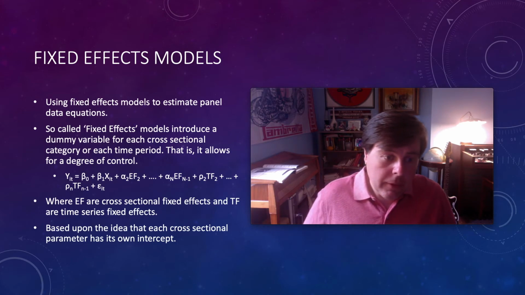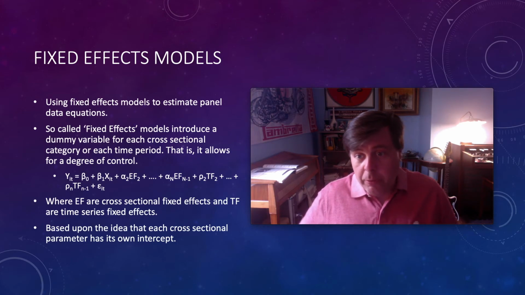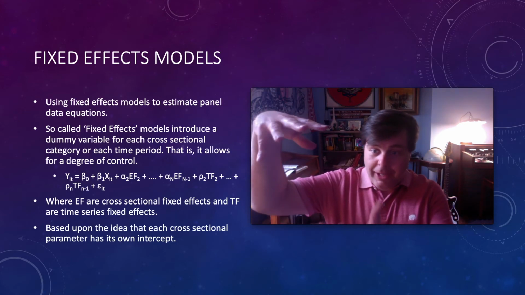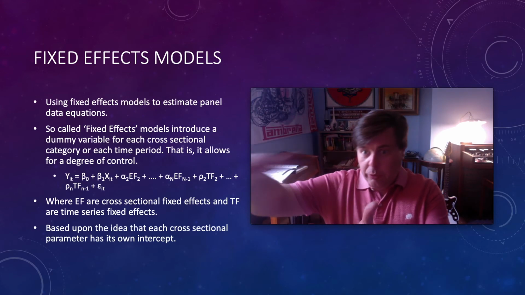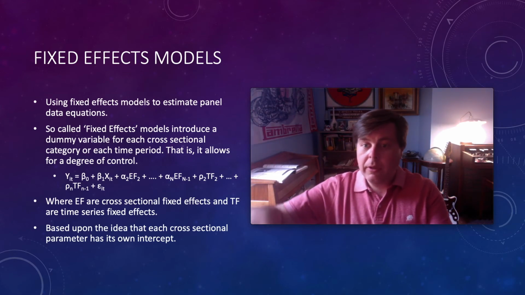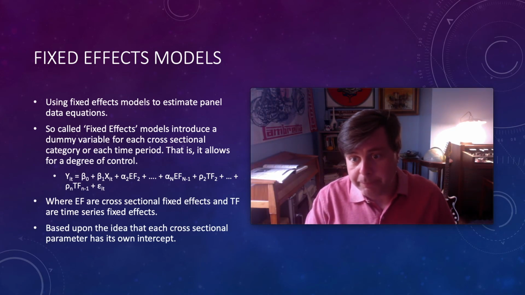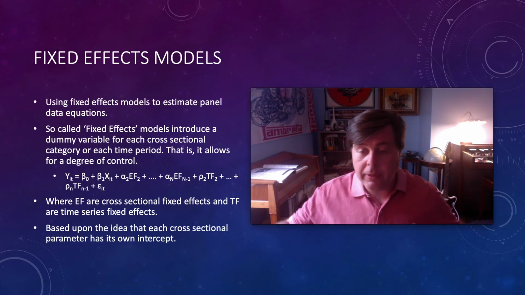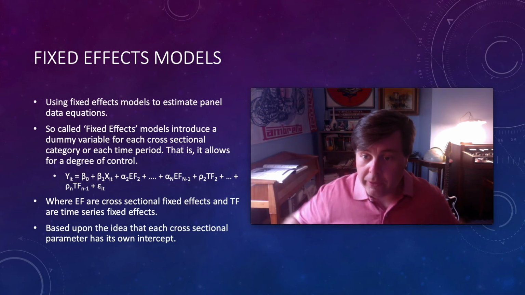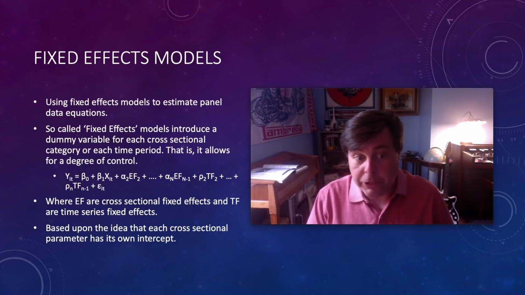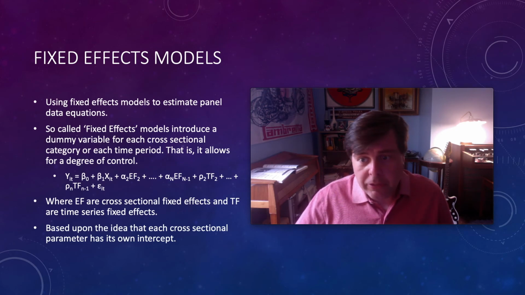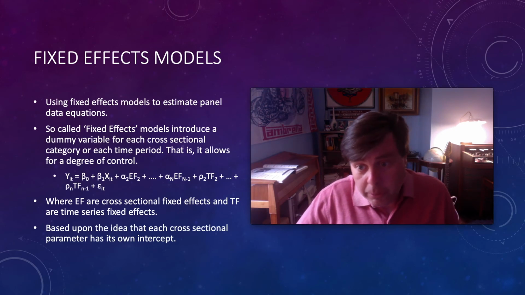If you want to think about this, you might think about the data as a circle or something like this. What we're going to do is slice through the data and allow each slice to have its own estimated relationship, while bringing them all back together in a single estimated relationship.